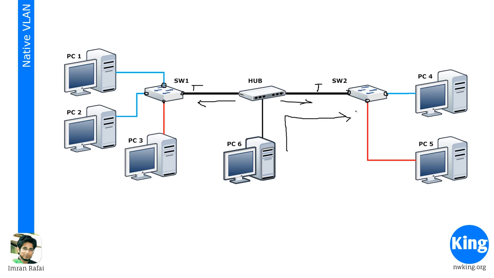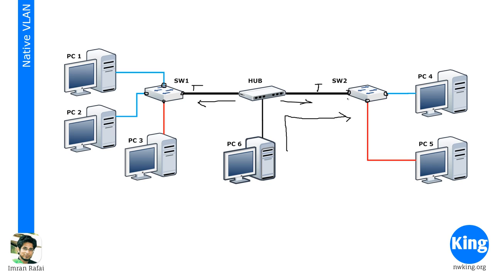The switch, on this trunk port, says, okay, this is traffic coming from a switch, but that frame does not have a VLAN tag. Now, if there is no VLAN tag, which VLAN will that traffic go into? Will it go into VLAN 20 or VLAN 10?